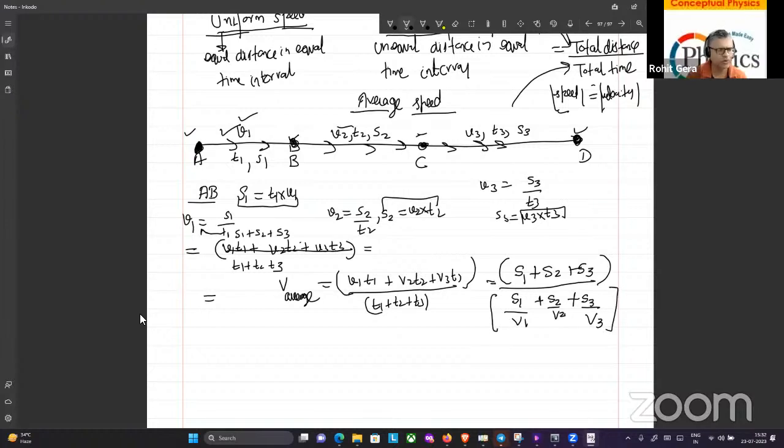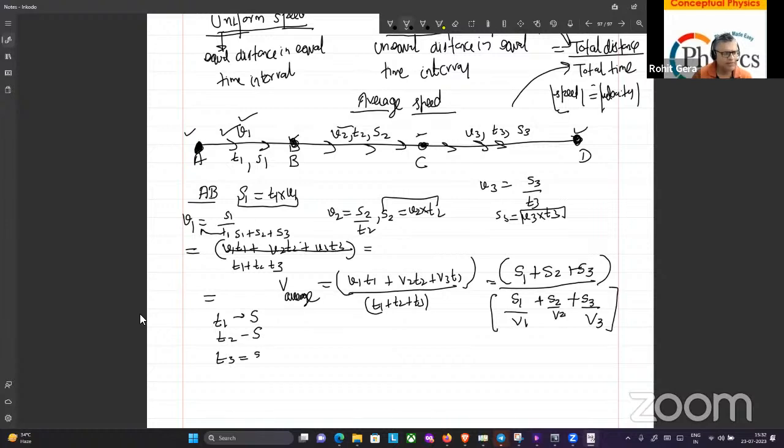Now, in one of the questions, it was given that the body travels equal distance in respective time intervals. So in the first time interval, it travels s. In the second time interval, also it travels s, and in the third time interval, it also travels s.